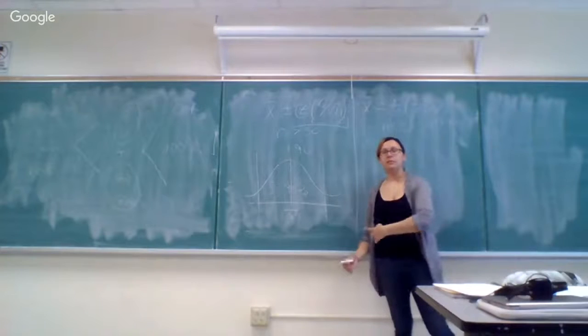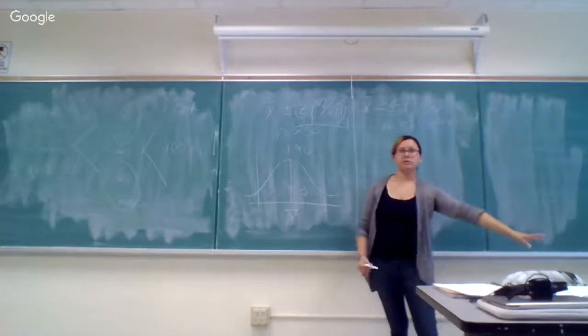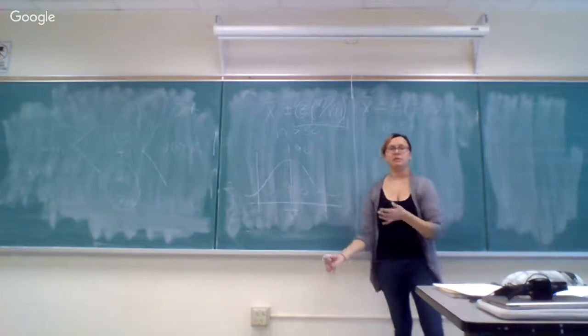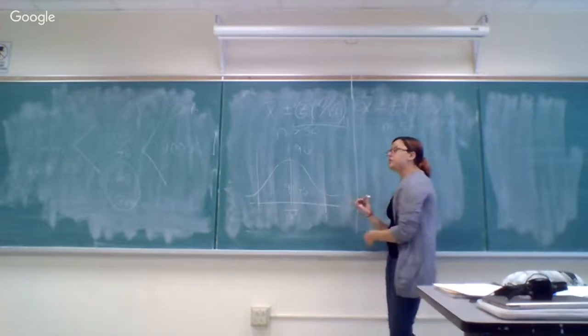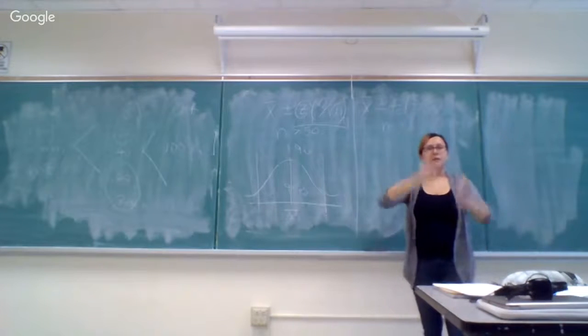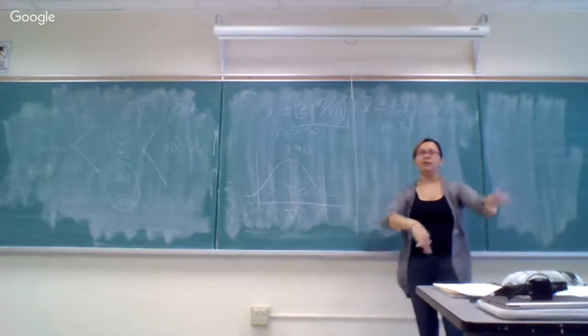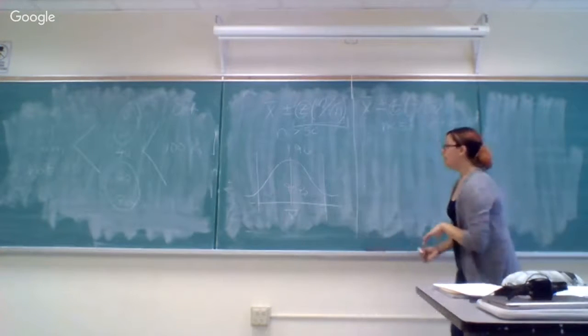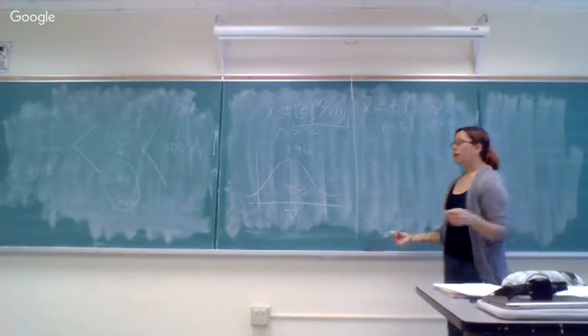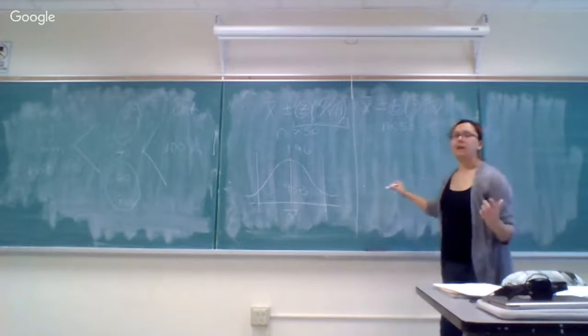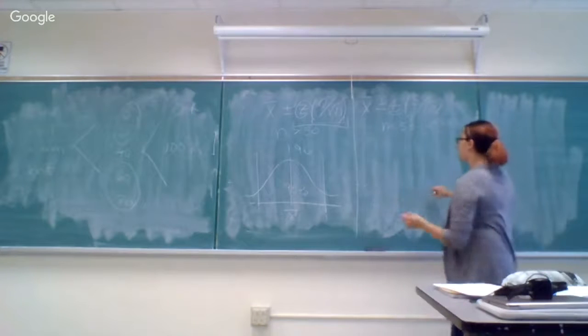We learned about two different types of distributions, right? We learned about a binomial distribution, and we learned about a normal distribution. The binomial distribution is based off integers. We can't have 2.5 or 3.7. Think about rolling a die 50 times.